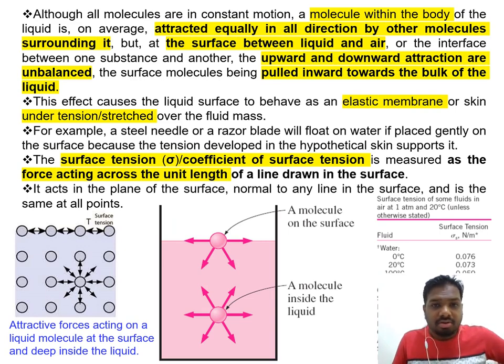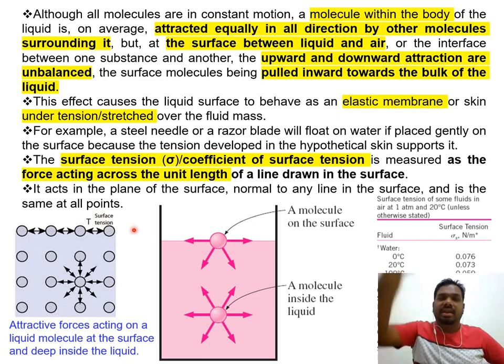Although all molecules inside the liquid are in constant motion, a molecule within the body of the liquid, on average, is attracted equally in all directions by all molecules surrounding it. We will go line by line. From this image, we can see some molecules are deep inside the water, not exposed, and some molecules are on the surface of the liquid with the atmosphere.